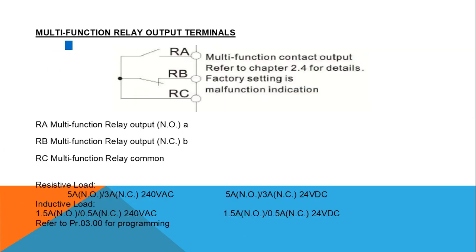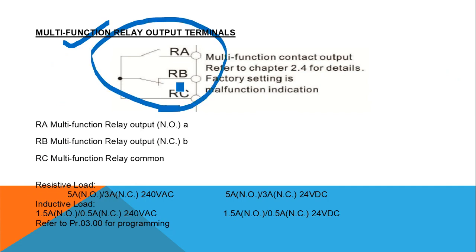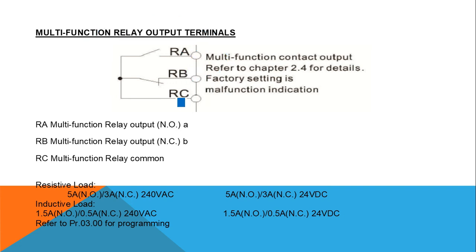There are multifunction relay output terminals, which is a potential free relay. We will have two contacts RA and RB, NO and NC respectively, and a relay common to the output. Depending on some condition, RA can be closed and RB can be opened.